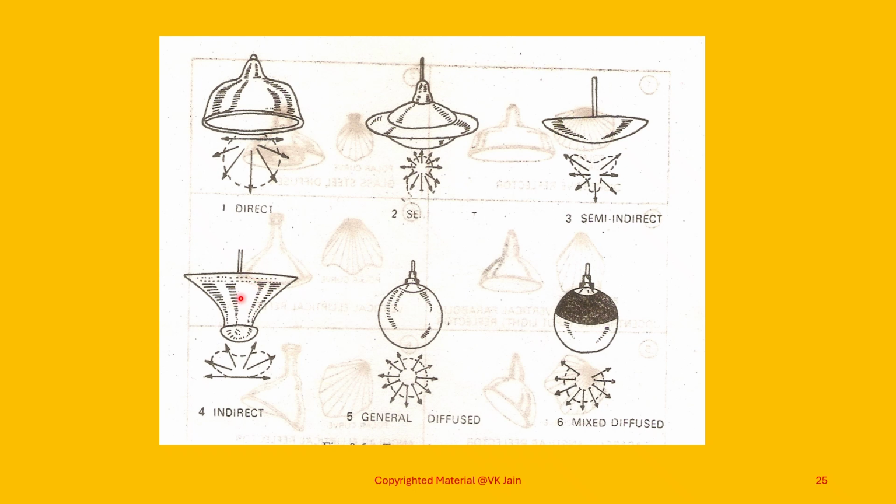This fitting is indirect type in which everything is reflected back to the ceiling. The fifth is general diffuse type of luminaire in which the light goes in all the directions.